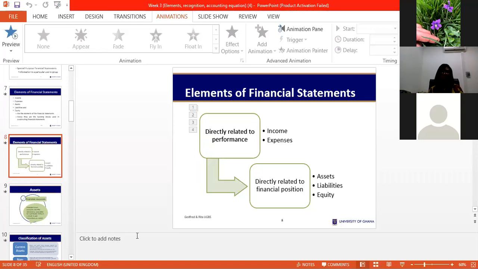So if you want to assess the performance of a business entity, you would have to get information on income and expense in order to determine the performance of a business organization. But if you look at the arrow, you would see that the performance has an impact on the position.